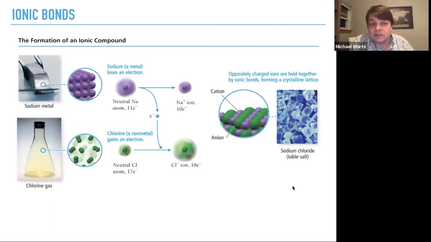One is ionic bonds. If you have sodium and chlorine, sodium loses an electron and it becomes a positive ion. Chlorine likes to gain an electron to become a negatively charged anion. And because they're positively and negatively charged, they can form this crystal lattice and clump together.